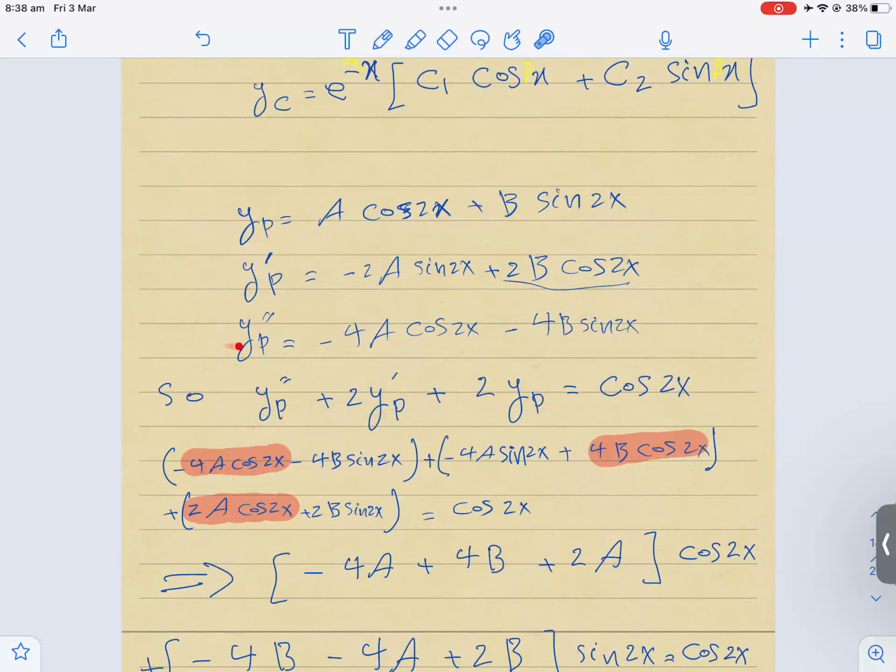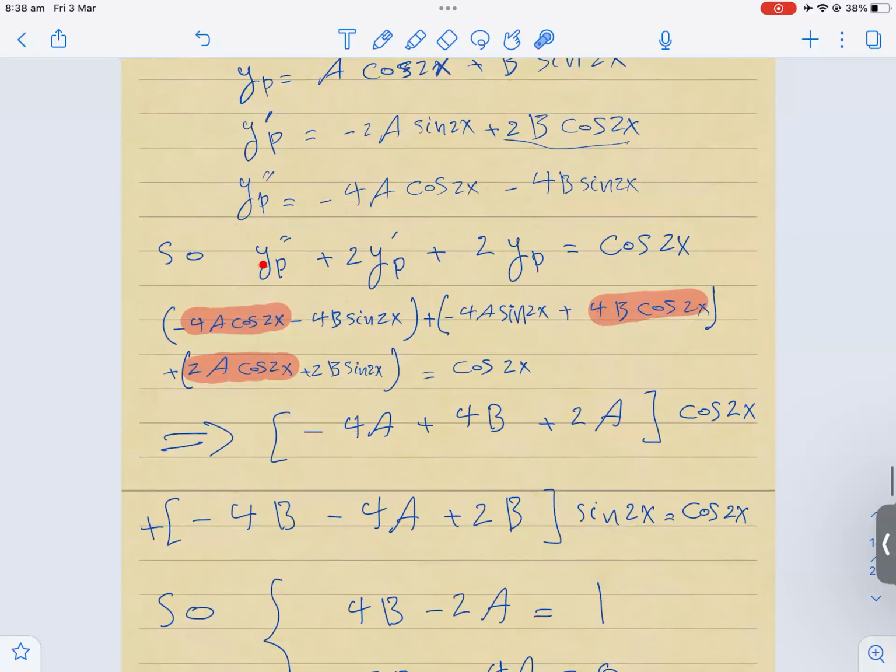One by one, I will substitute yp double dash, yp prime, and yp into this ODE. You see that I will collect cos 2x terms: minus 4a, 4b here, and plus 2a here, times cos 2x.